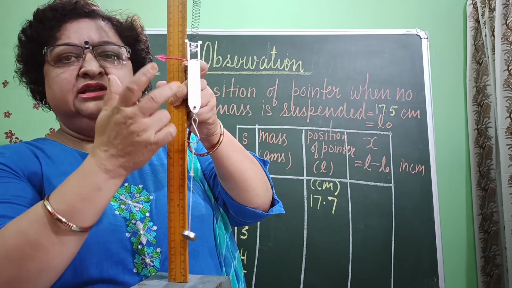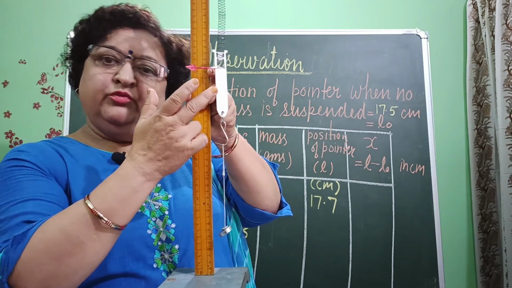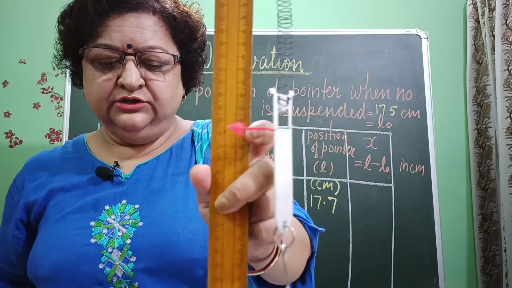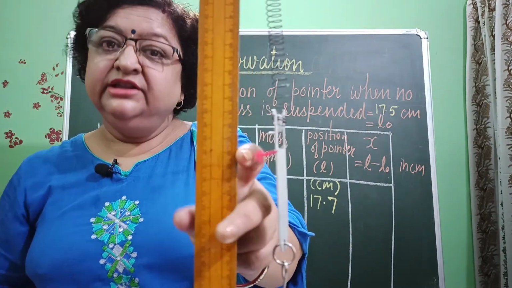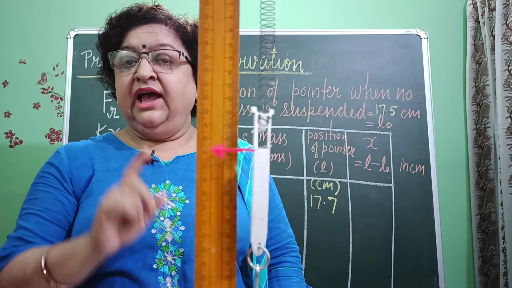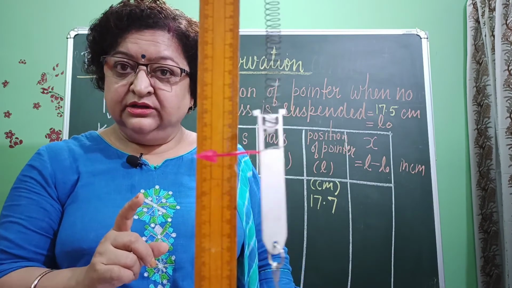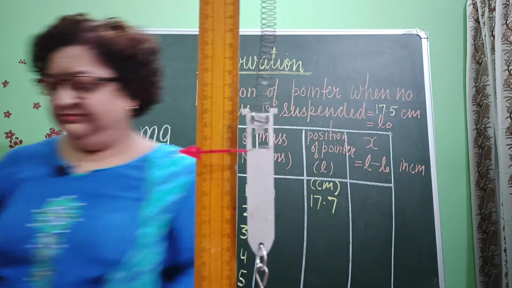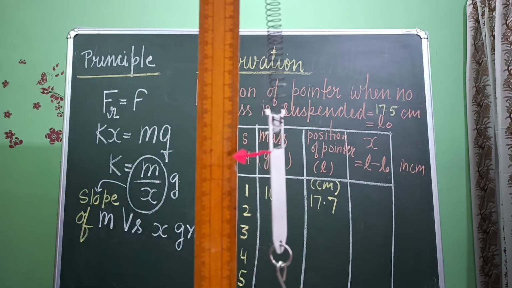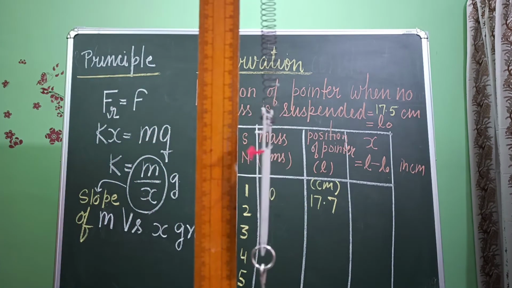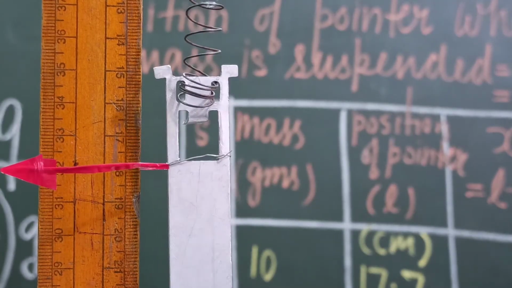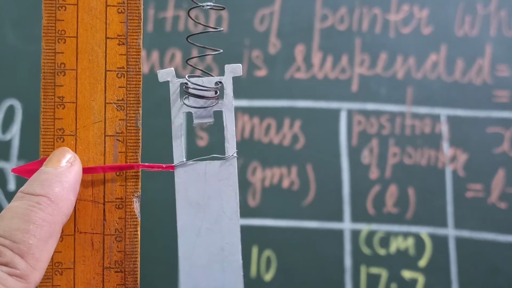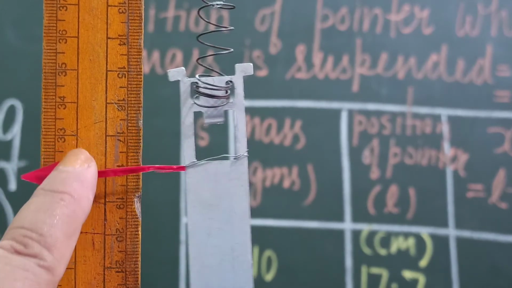And you can see that now the position of pointer has changed. So again we have to focus on the scale so that you can yourself at your study table get the original readings. Now children, try to get the new position of the reading.